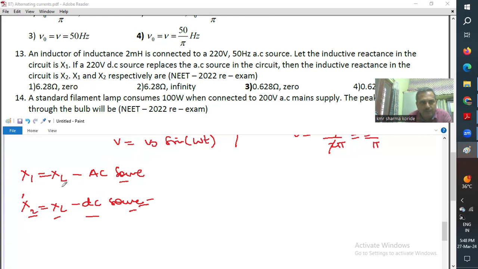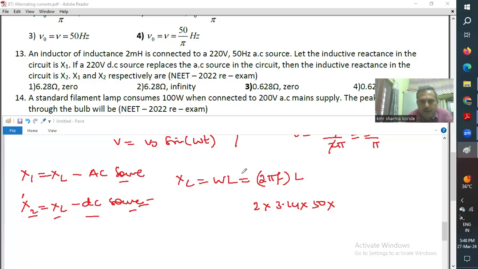We need to find XL. XL is equal to omega into L. Omega is nothing but 2 pi F, with L. F is 50, 2 into 3.14, F is 50, and L is 2 into 10 to the power of minus 3.